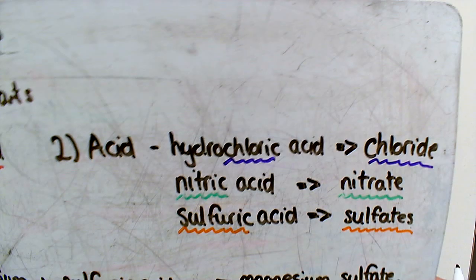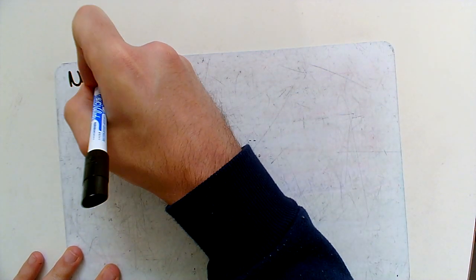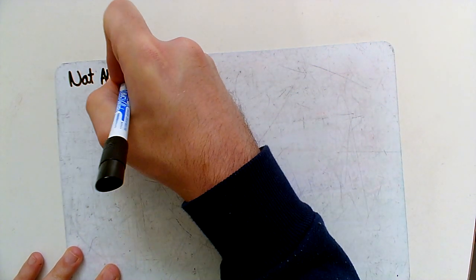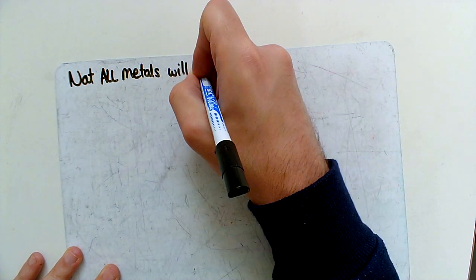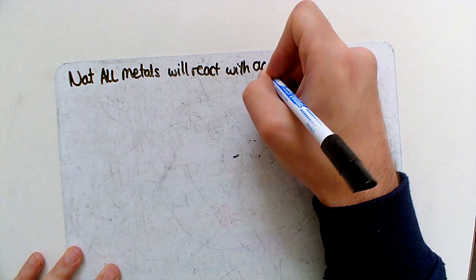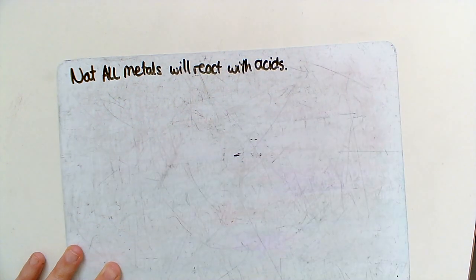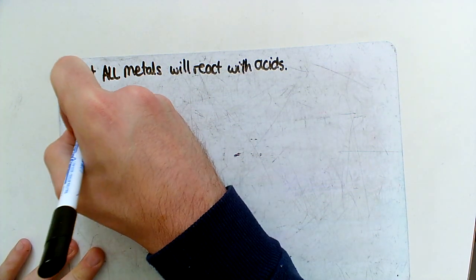Now, unfortunately, the situation is a bit more difficult because not all metals will react with acids. And you need to be able to identify which ones do. And for that, you're going to use the data booklet.